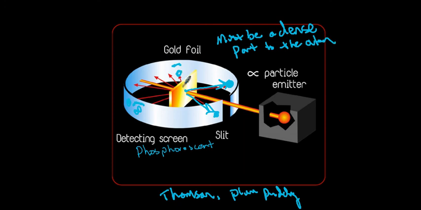Also, because of these deflections off to the side, it would have to be positively charged, because of the major deflections it was getting without actually hitting it. So there must be a dense part of the atom, and it must be positively charged.